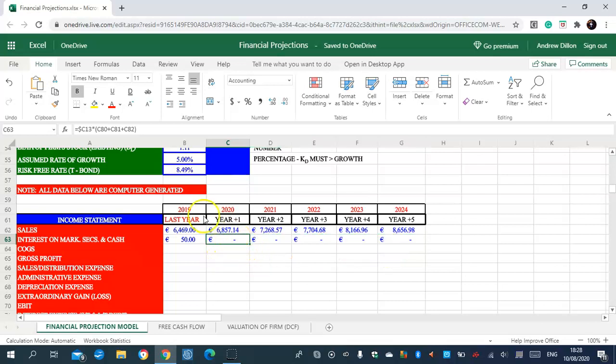Okay, there's nothing inserted in C81 and 2, so there will be figures once they are inserted at a later stage. So let's move on to the next section.